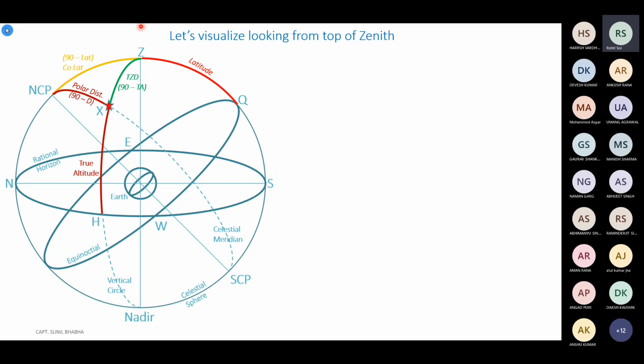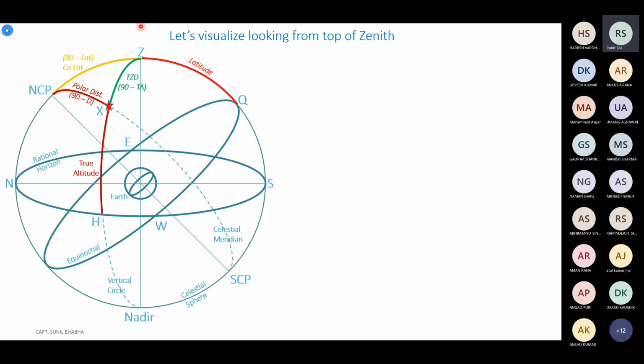You can say we are having a bird's eye view of the celestial sphere from top of the zenith. Like many of the shots taken by drones nowadays, the drone flies high up in the sky and takes a bottom picture, an aerial view. That is what we are looking at.